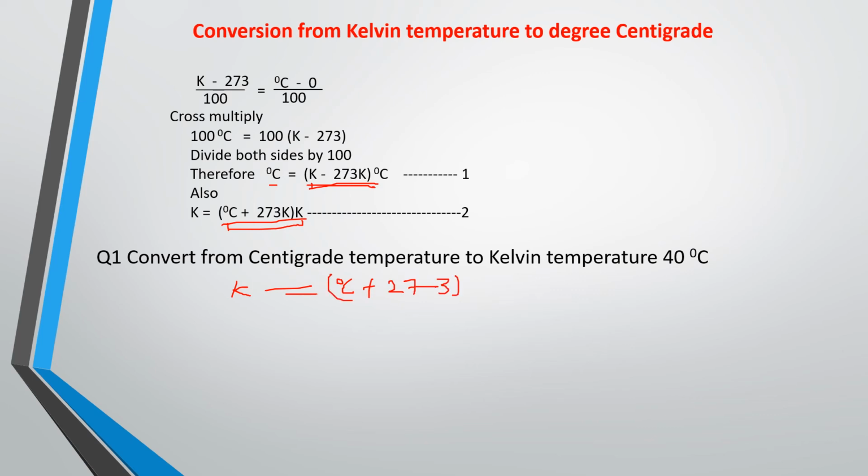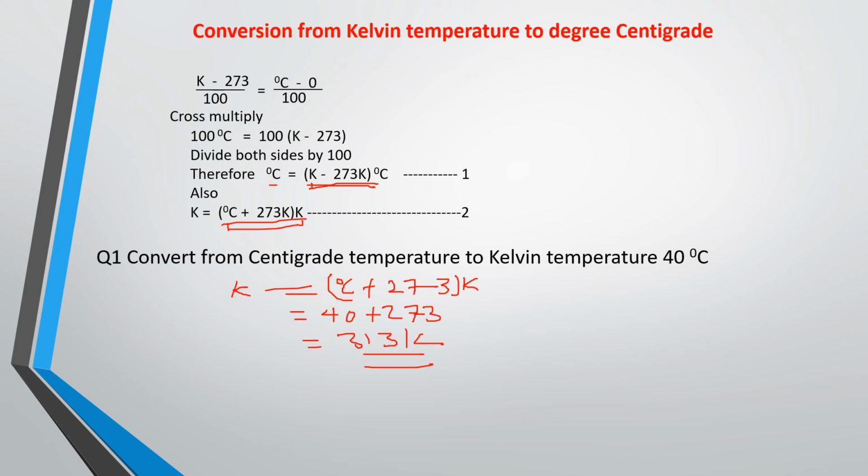So just substitute that so that you have 40 plus 273, and when you add up all this, you are going to have 313 Kelvin. So this one is simple and it's direct.